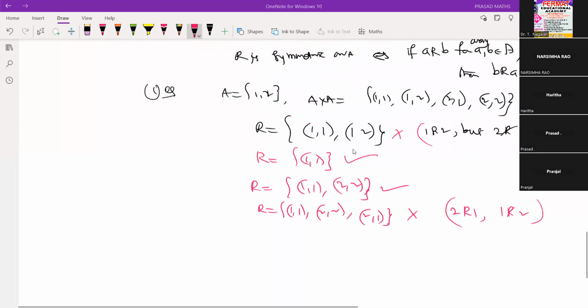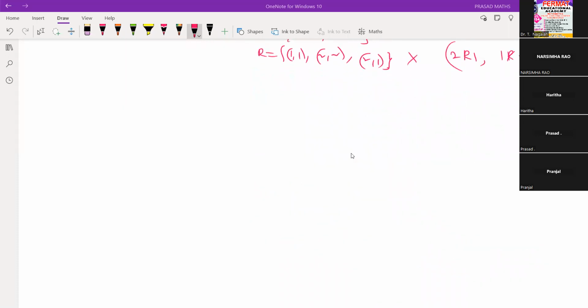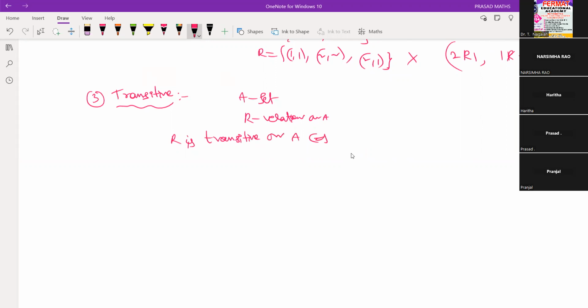Next is transitive. You take any set, and R is a relation on a set A. We say that R is transitive on a set A if and only if, when A is related to B and B is related to C, then definitely A must be related to C. This is true for any three elements.